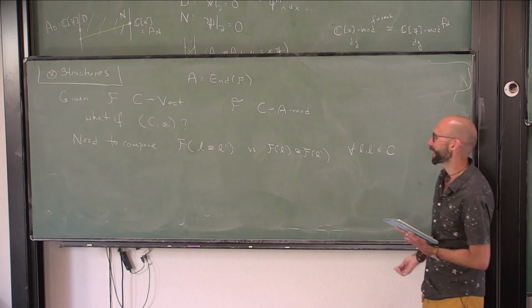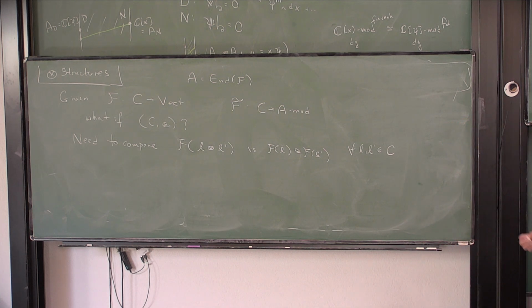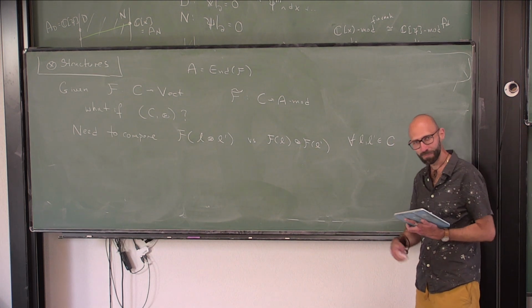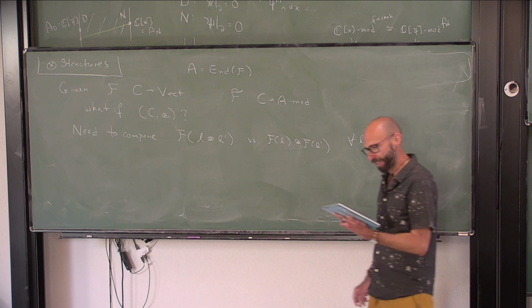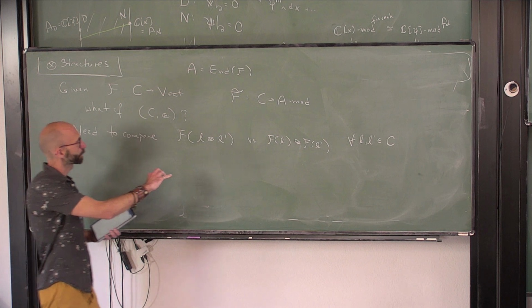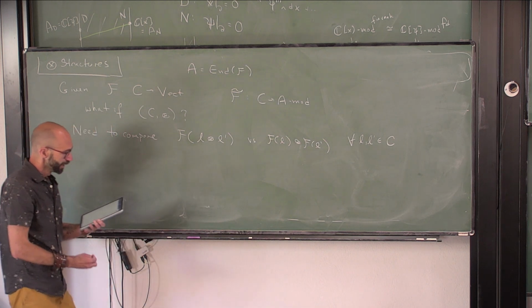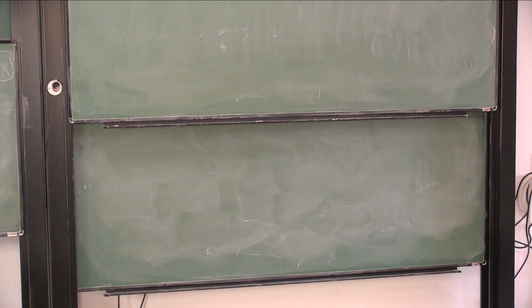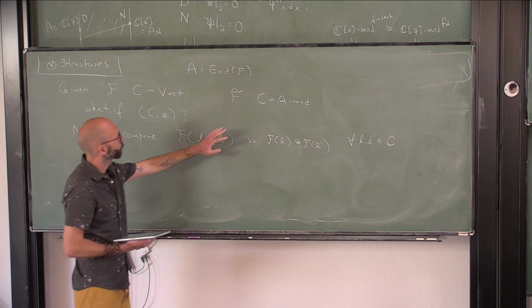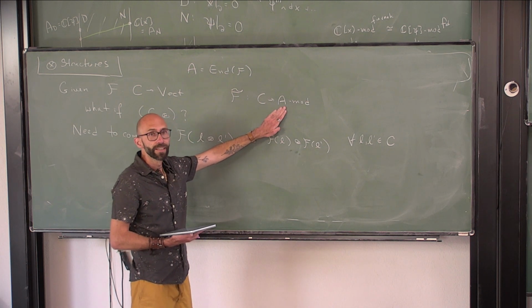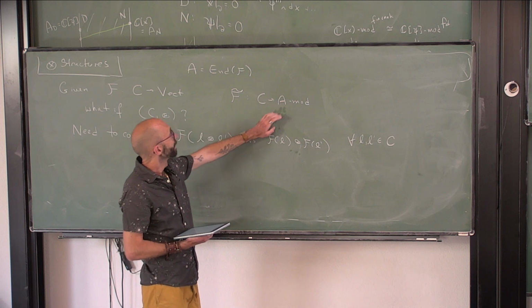And I'm sorry if this is also totally trivial for some of you. Different relations between tensoring before and tensoring after imply different ways in which the monoidal structure might be encoded in this algebra A.